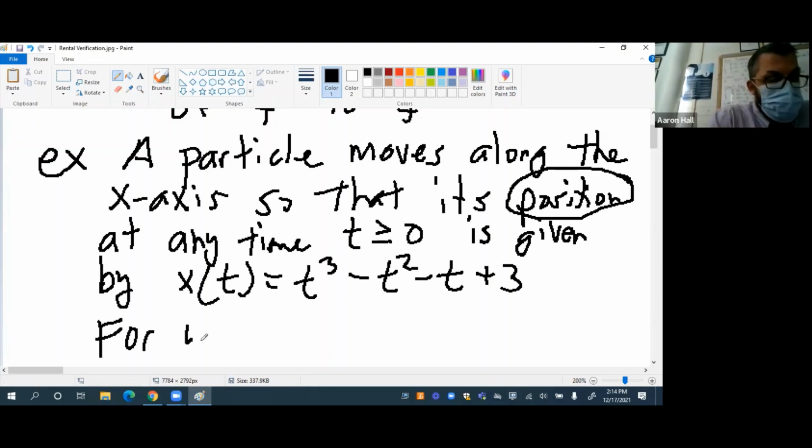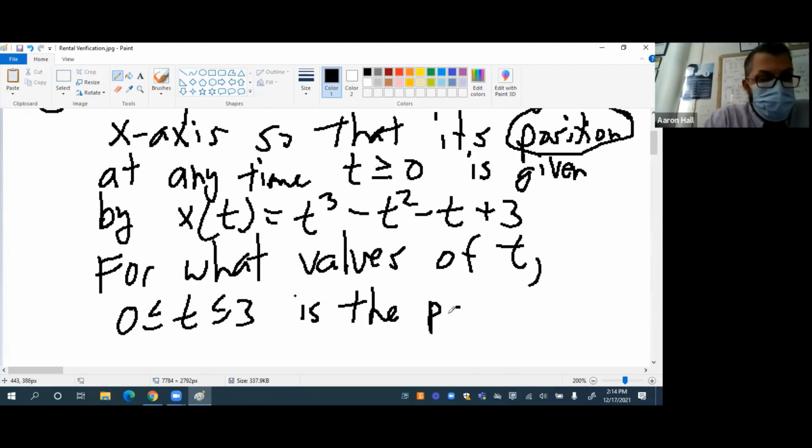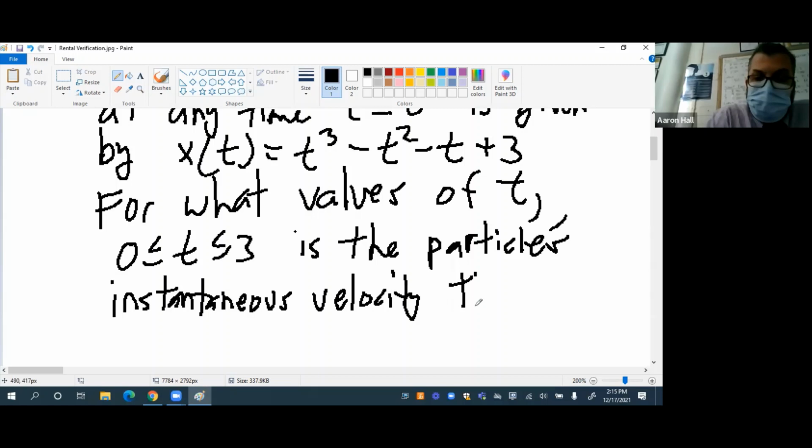For what values of t, for t values between 0 and 3, is the particle's instantaneous velocity the same as its average velocity?